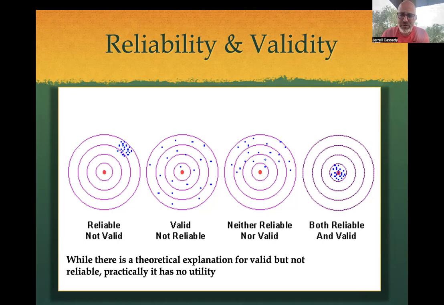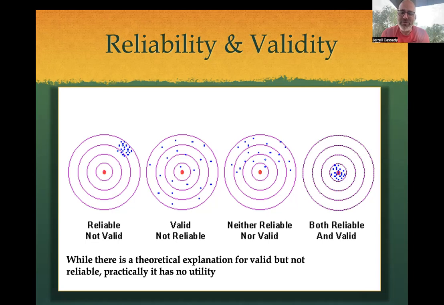So if you're an archer and you're shooting arrows at your target, this would be the cluster you would get, or if you're a dart thrower or whatever. Valid, but not reliable is a picture that someone decided to draw. It makes zero sense. You can't be valid when you're not reliable. And the reason you can tell that is just look at it. The only way that this could actually make sense is to say, well, on average, the middle seems to be where the points would fall, but that's not actually what's going on.